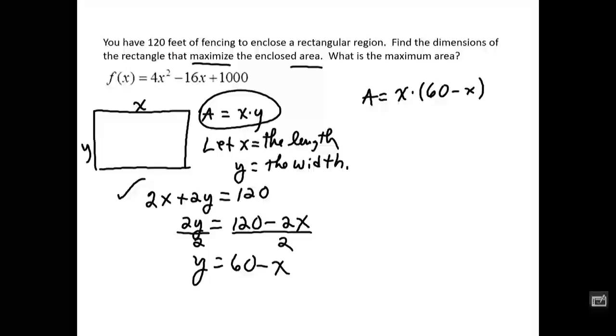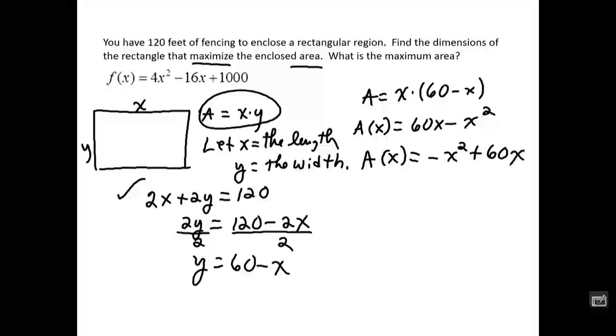So expressing A as a function of x, we have 60x minus x squared. In other words, A of x equals negative x squared plus 60x. So we've expressed A as a function of x.